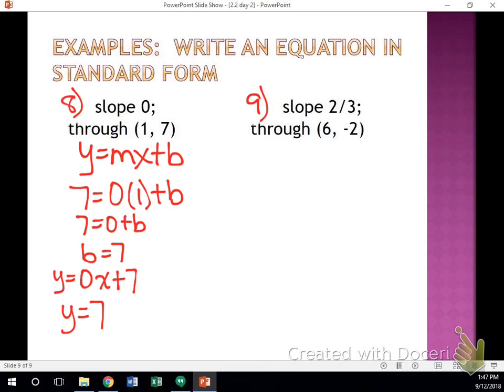This is a special case. Tomorrow we'll talk more about why that happens, when that happens. But if this were a question on a test, I would accept either one of these. Technically, I prefer the bottom one. But I don't think I would fault you if you put a 0x in there.